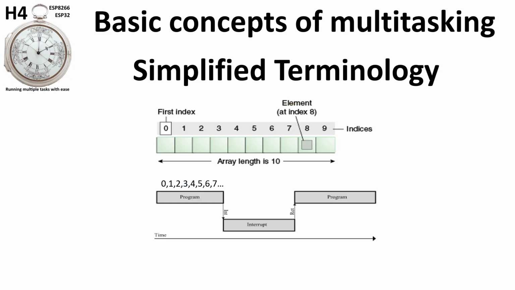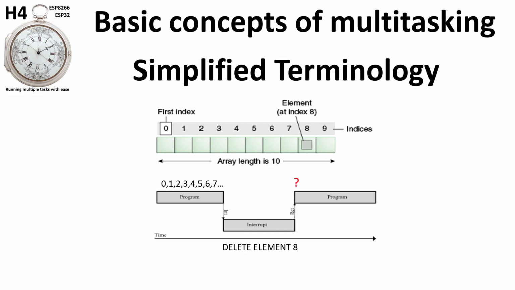Imagine that your code is examining the elements of an array of length 10. You've been through 0, 1, 2, 3, 4, 5, 6, 7. You are just about to access element 8 when, without any warning and totally beyond your control and totally invisible to you, an interrupt occurs, and the code in the interrupt happens to delete element 8 of that array that is shared between the main loop context and the interrupt context.